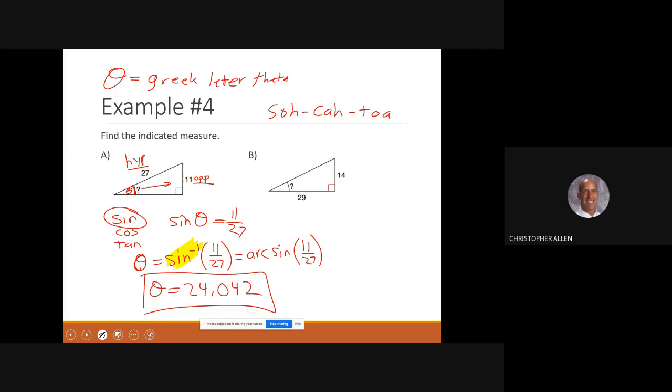Hit enter. Now hit shift, sine, enter. So you've got a Casio, so you actually have to put the 11 divided by 27 in first. Okay? Or if you want, Tomas, you can use a calculator back here. Are you good? Awesome.